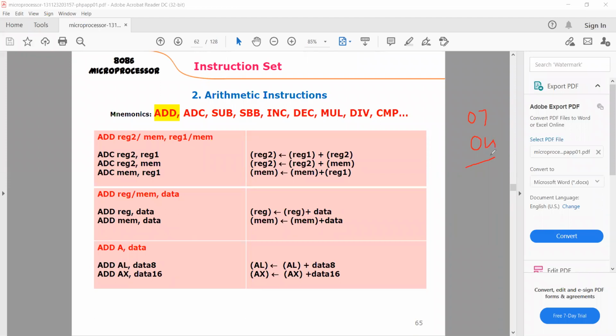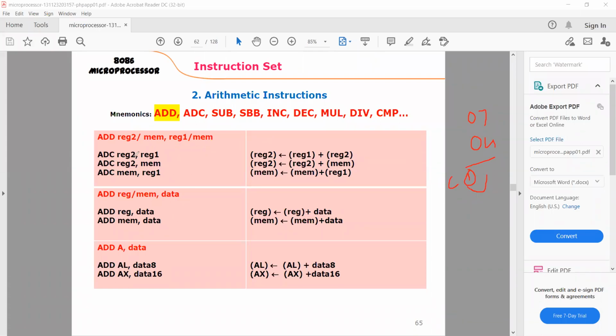When you add these two, if you get an extra bit, that is called carry. If you add this carry once again to the result, then it is called addition with carry.